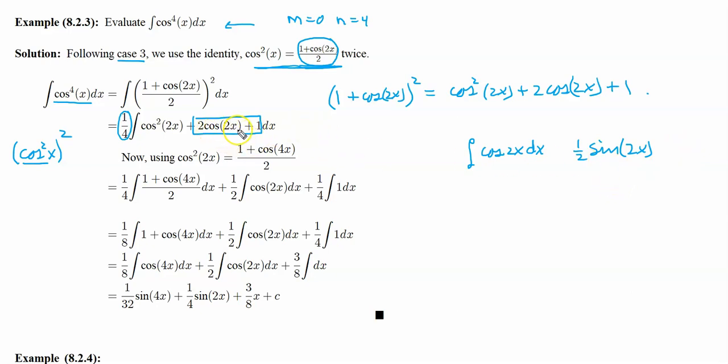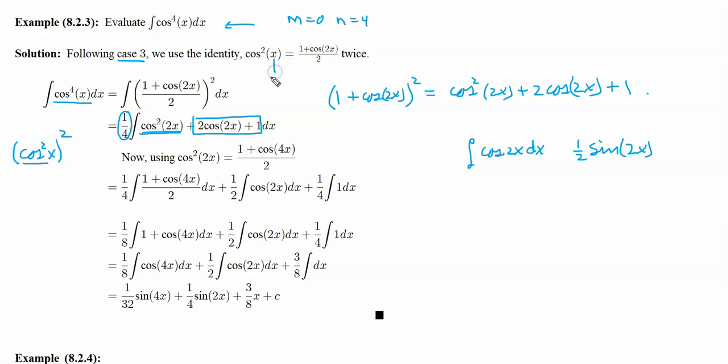So this is no problem to integrate. The 1 is no problem, the antiderivative of that is just going to be x. But now we still have this cosine squared right here. Well, we're going to reapply this identity again for this piece. What we have here is the cosine squared of 2x, reusing this identity.